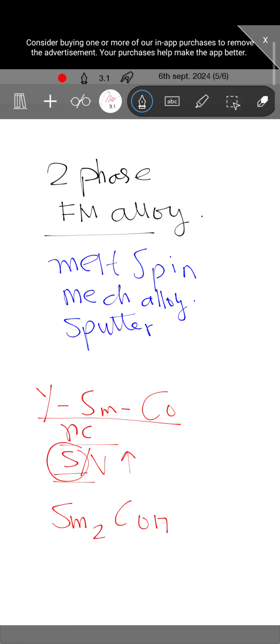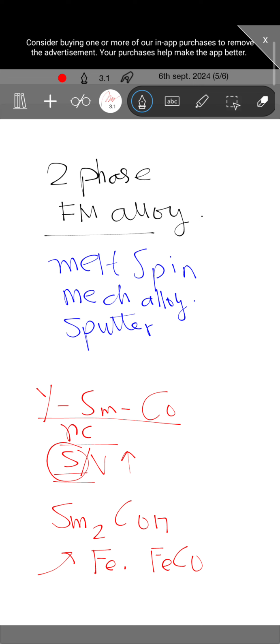If we could make a composite out of this, that means if we could add iron or iron and cobalt combined, then the magnetic properties will be similar to those obtained in the case of a nanocrystalline material.